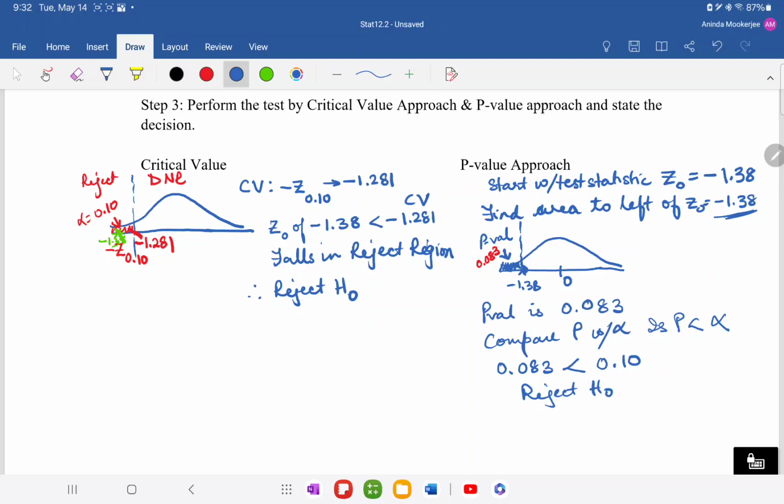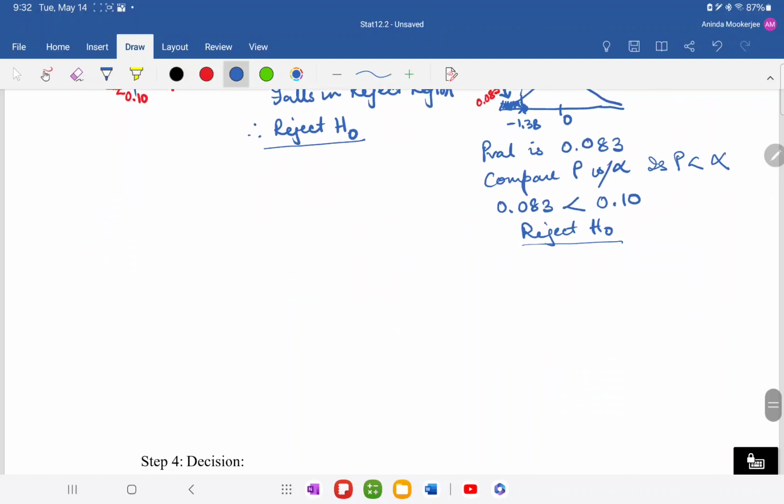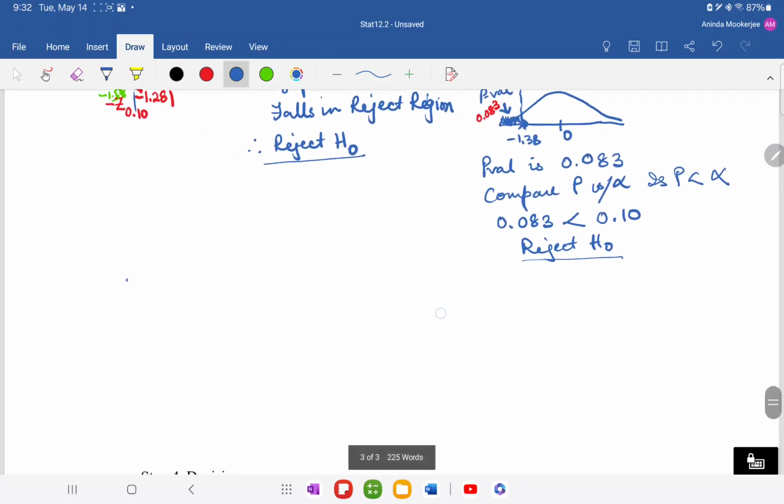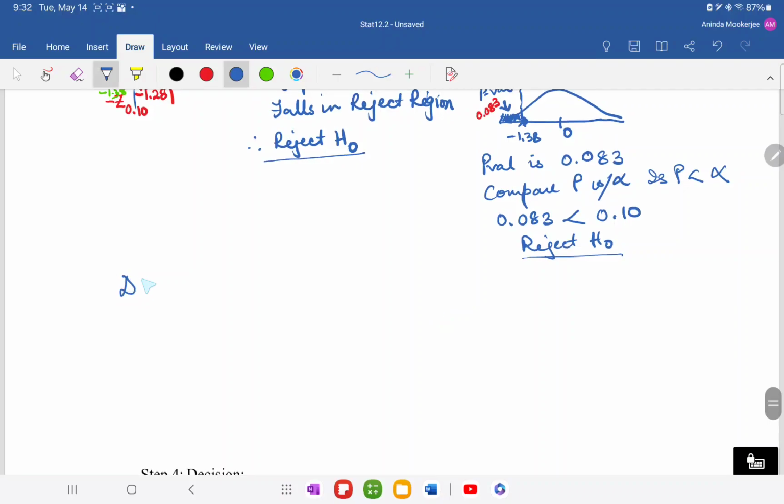Quickly double check that your p-value approach decision is the same as the critical value approach decision. Both should be in sync. So our decision is to reject the null hypothesis. However, we do need to interpret it.